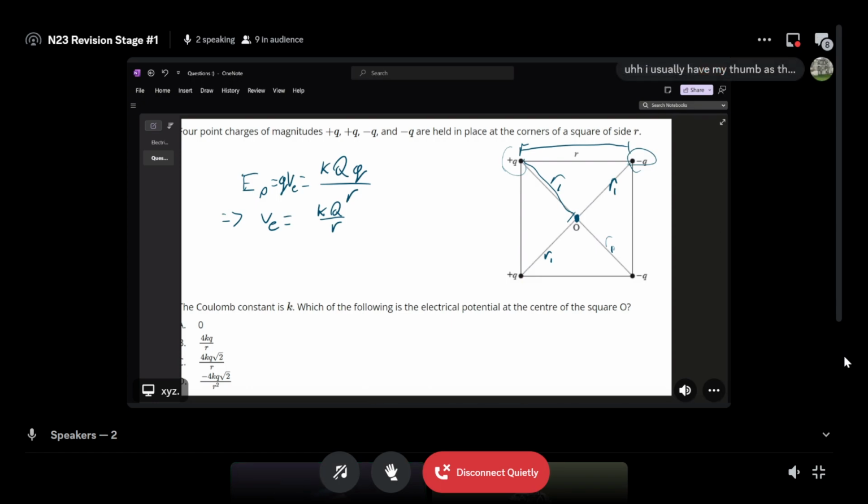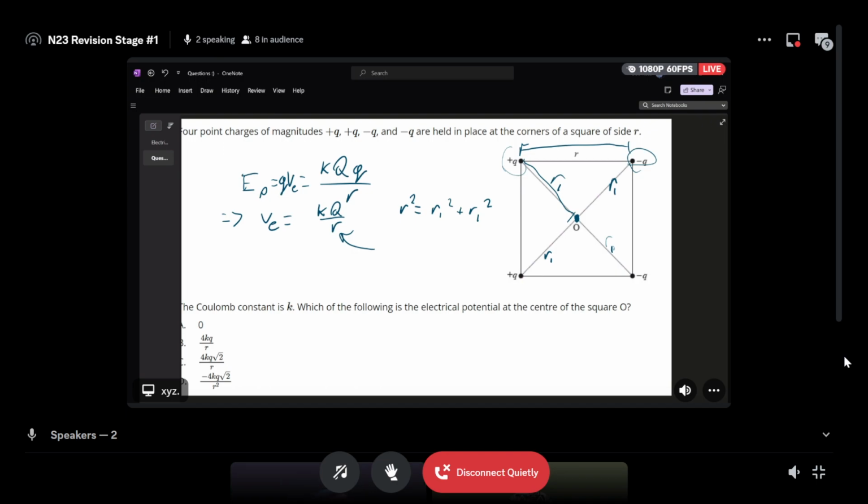The first one, so first let's solve for R1 so we can substitute into our distance part. R1 is just going to be, using Pythagoras, R squared is equal to R1 squared plus R1 squared, because it's not equilateral, it's an isosceles triangle.